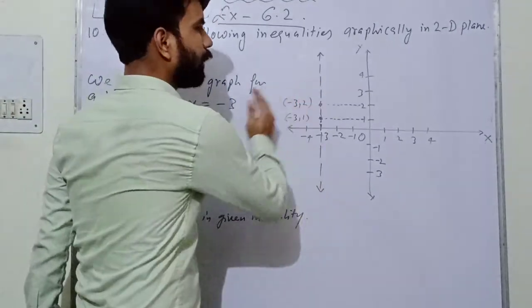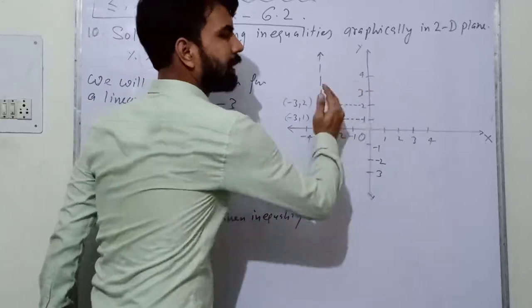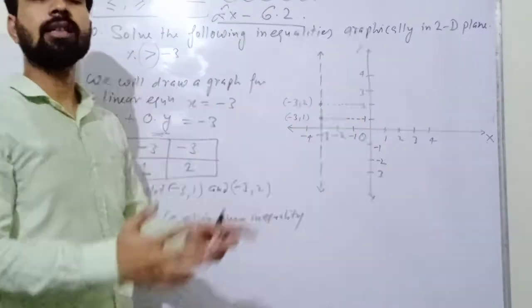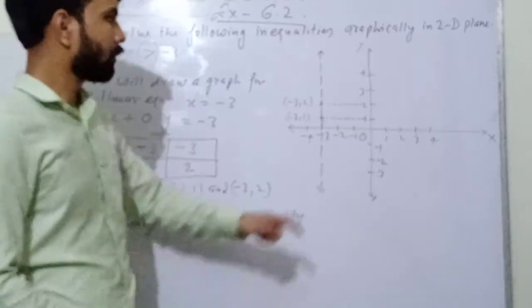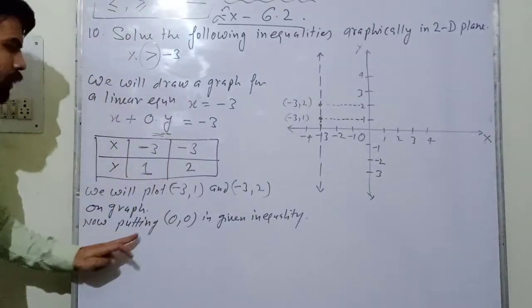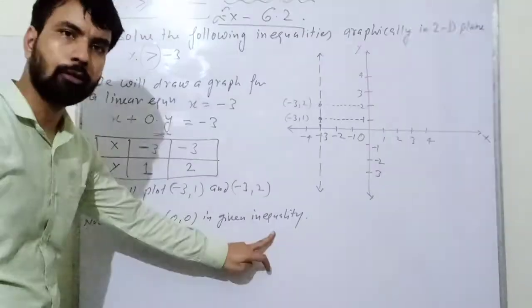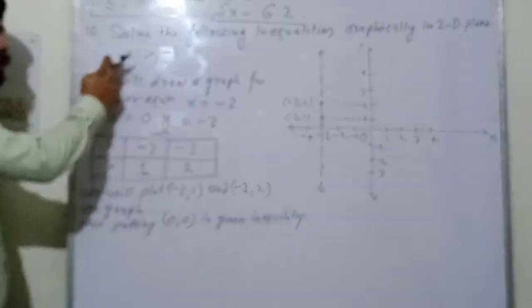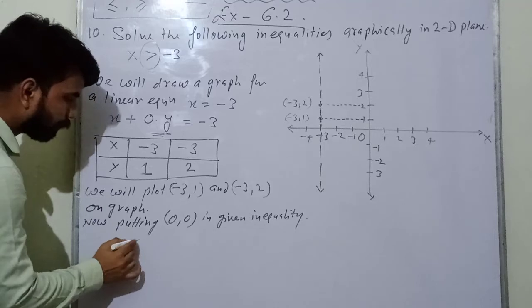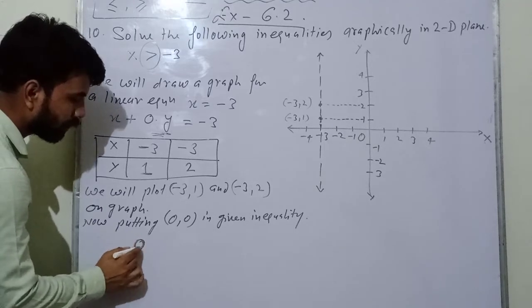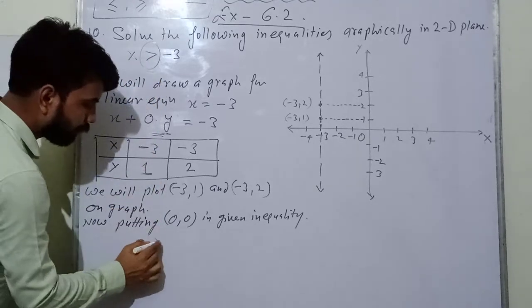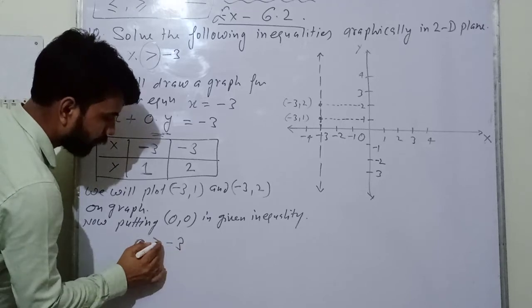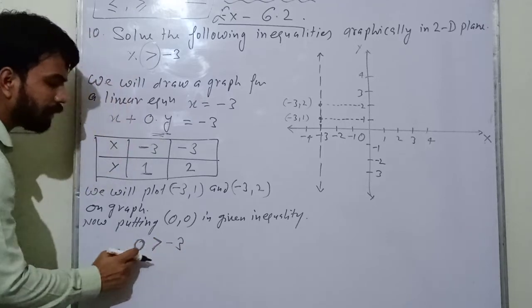Now beta, this line divides the whole Cartesian plane into 2 parts. One is the left side of the line and the second is the right side of the line. So which region will we have to shade? Again we will put (0, 0) in the given inequality. So x is 0 and y is 0. y is already 0 here, so in place of x I will put 0. 0 is greater than -3.